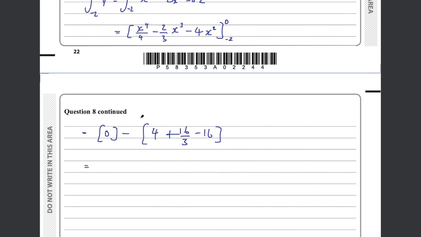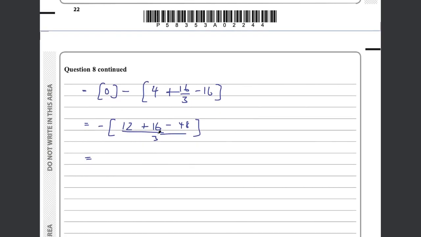And then simplifying this, if we combine all of this, 4 times 3 is 12, plus 16, take 3 times 16 is 48, take 48 on 3. This is equal to 12 plus 16 is 28, take 48 is -20. And then expand that negative, we would get positive 20 on 3.